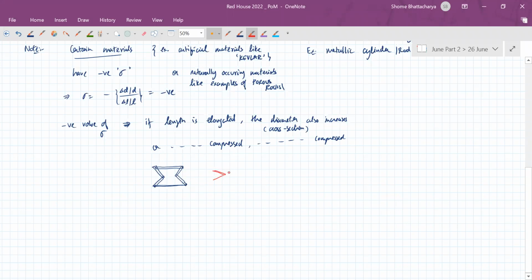So when you pull such a material, it will tend to increase in diameter as well as increase in length, with the applied force like this.